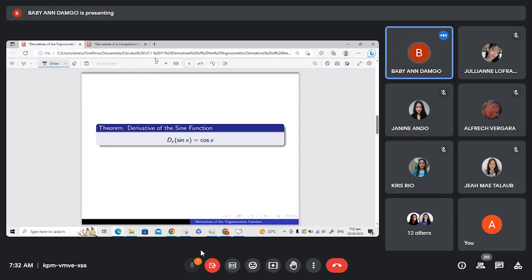This is f of x, which is equal to x sine x. Unsa nga rule ato ang gamiton ani students? Product rule. Okay, product rule.